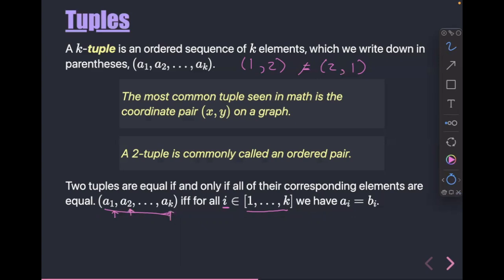So for all of those i's, A sub i should equal B sub i. This is actually missing, so it should say A sub 1 should equal B sub 1, B sub 2, B sub k. So this should go right there. Basically, these two are equal if for all of these indexes, these elements are matching.